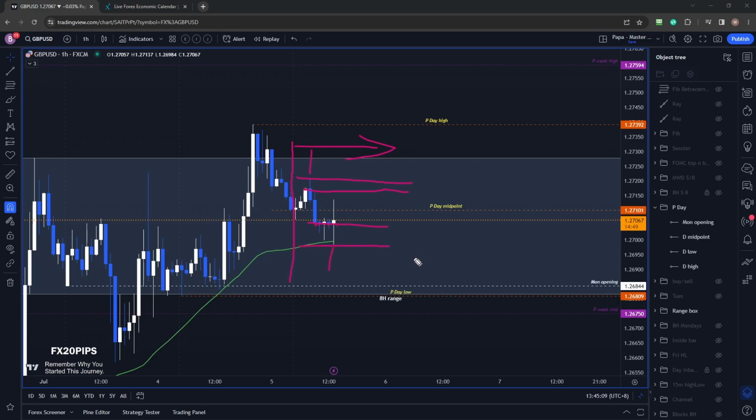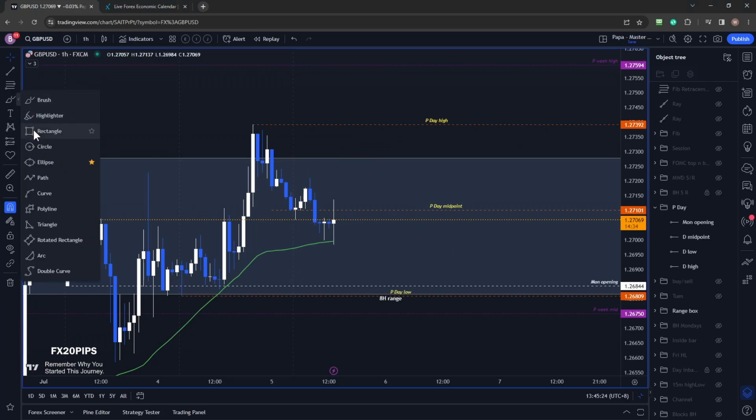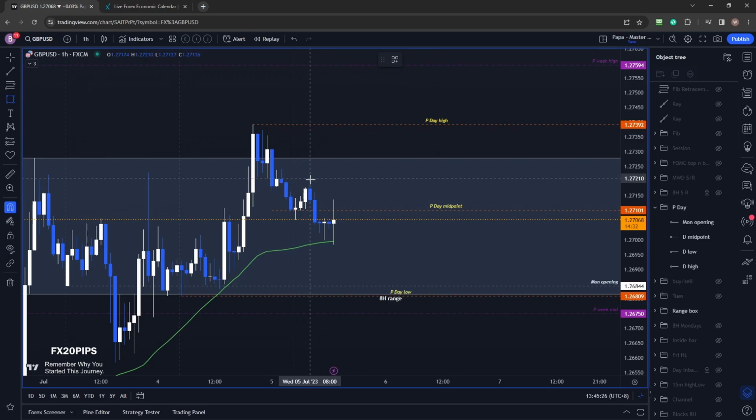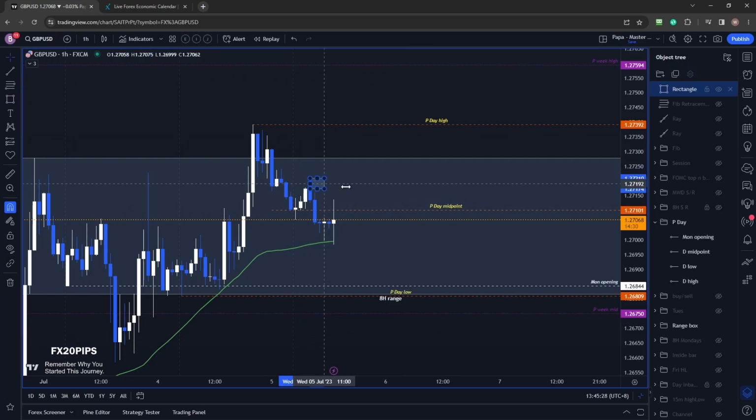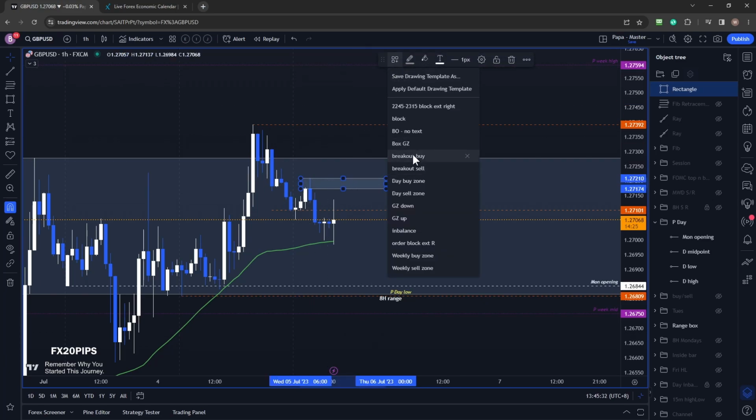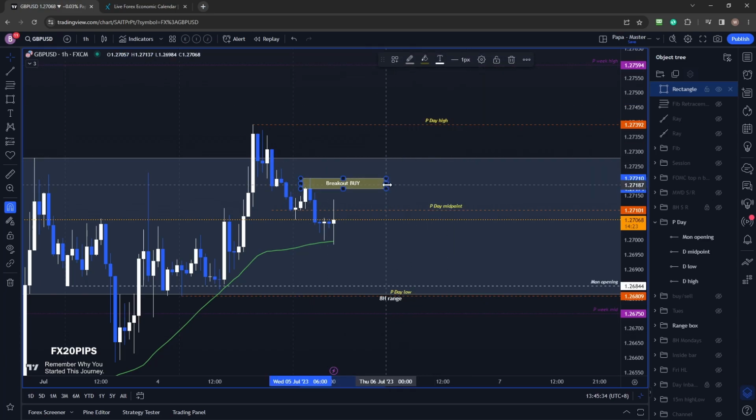Let's put it temporarily, and then we see how many pips this height is. Okay, and here. Right, let's do that. Let's get the rectangle. So high, the wick to the body, and this is my breakout buy.